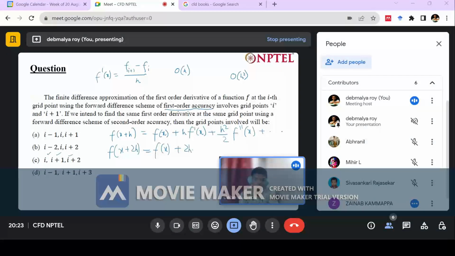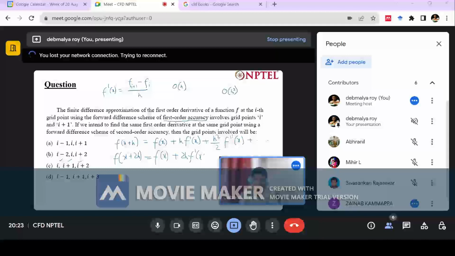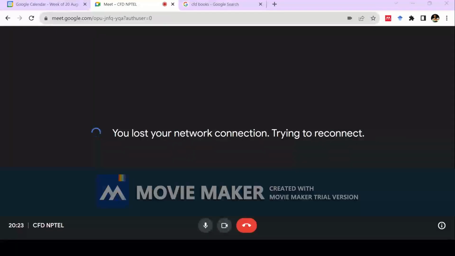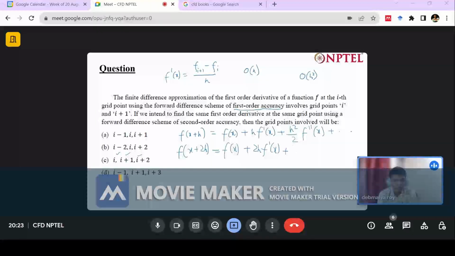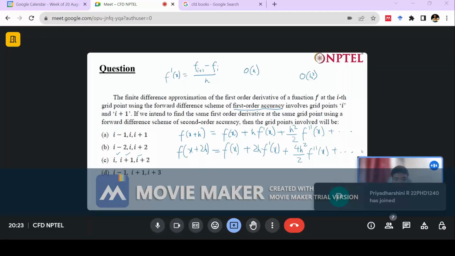Plus 2h f dash x plus, this is 2h, so this will be 4h square by 2 f double dash x and so on.